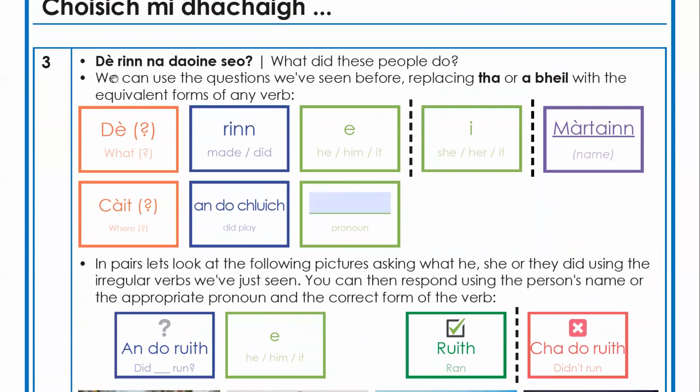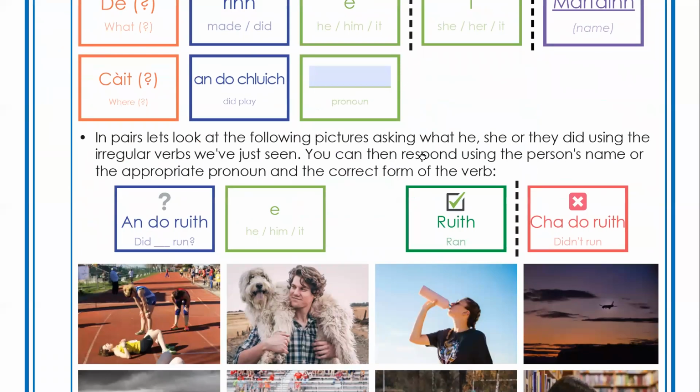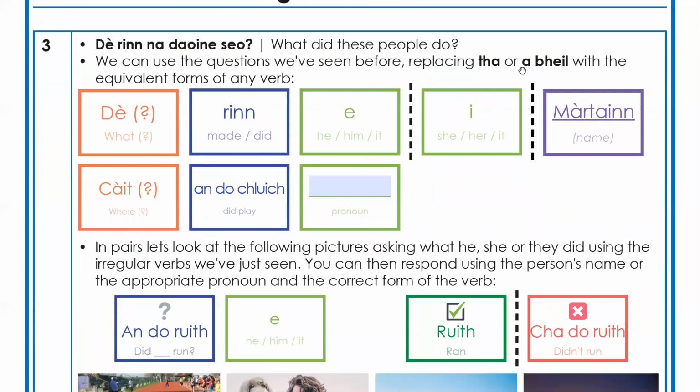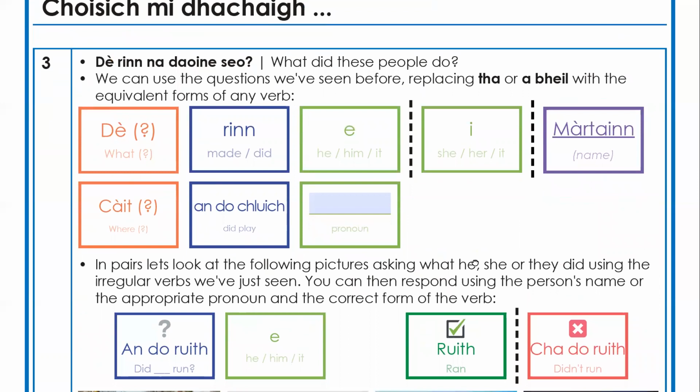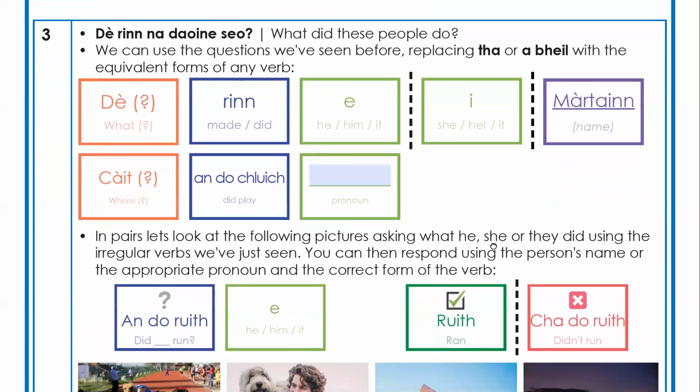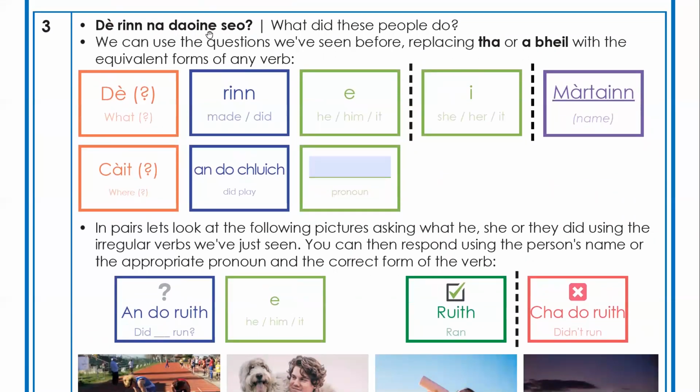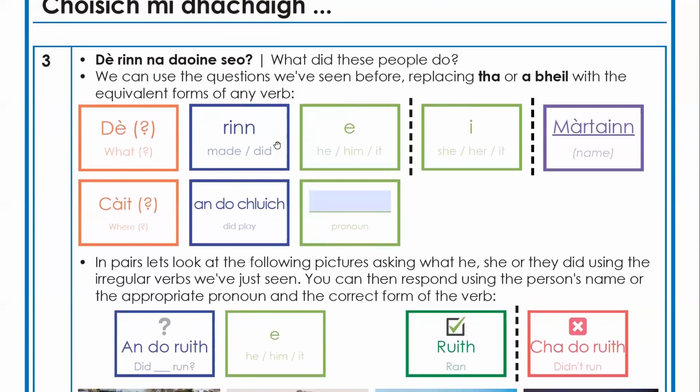So what did these people do? We've got some pictures here, and we're going to look at what they did. We've looked at questions before.